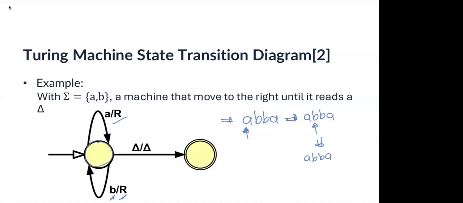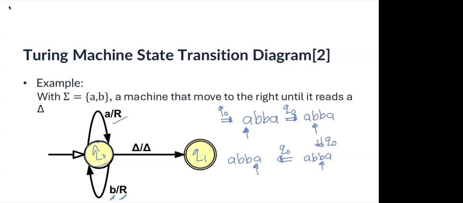So for example, the first one, we are in Q0 and it's still in Q0 after we read A, and it's still in Q0 after we read B, but the head moved to the right. The input tape is still the same and we move to the right.